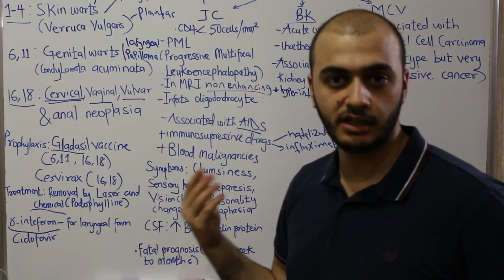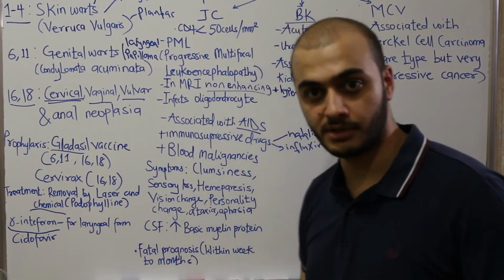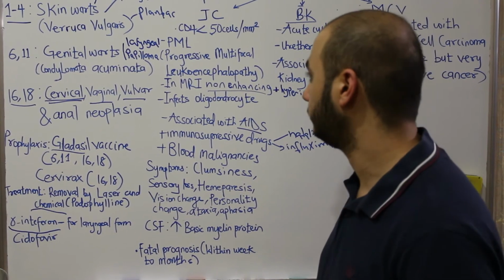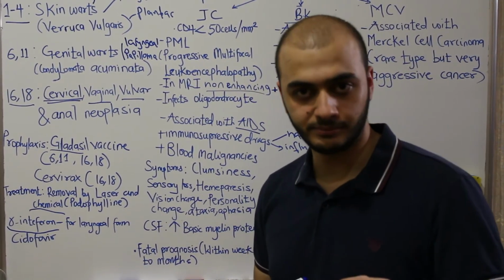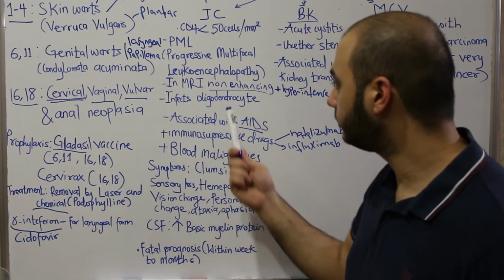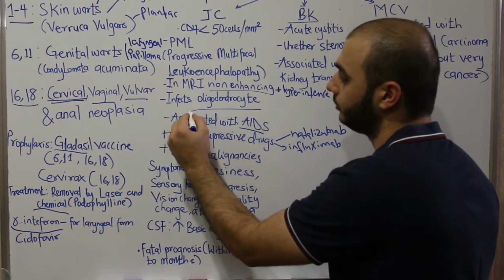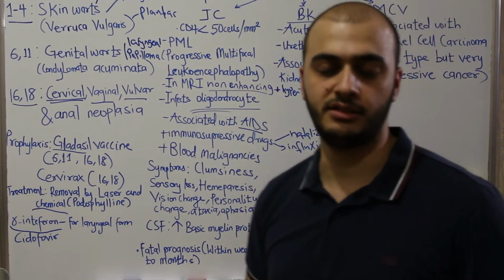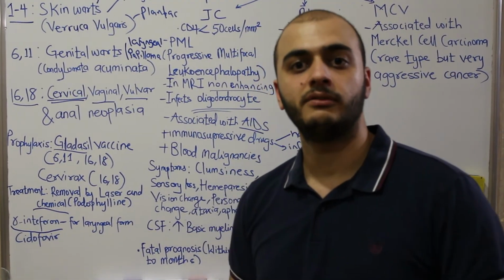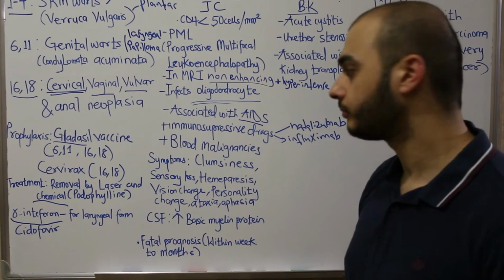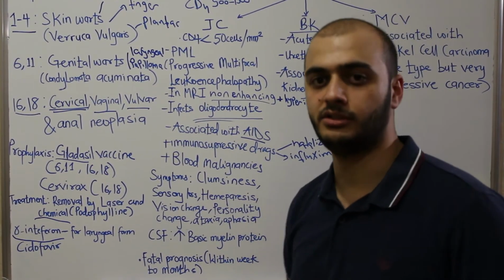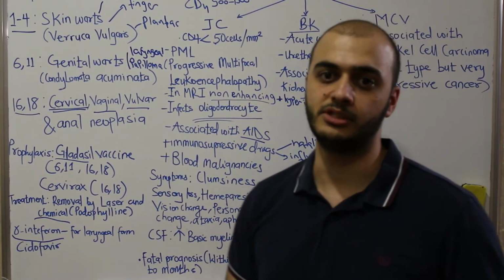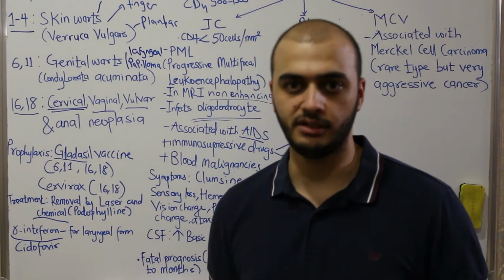And when the virus gets reactivated, it loves to infect the brain, not only to spend latency there. When it infects the brain, it infects a cell, especially the oligodendrocyte. And we know that this cell inside the central nervous system functions by myelination. So when it infects this cell, it causes demyelination.